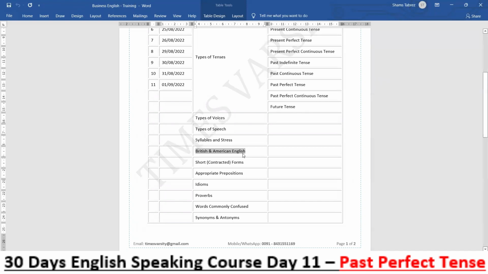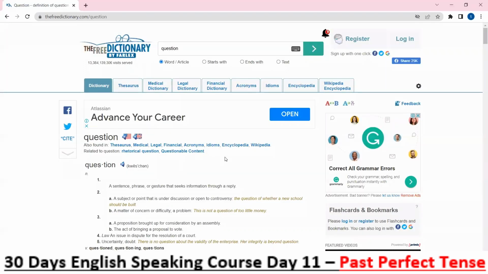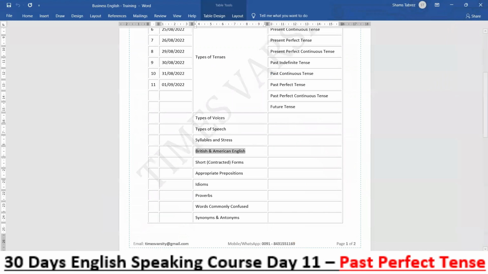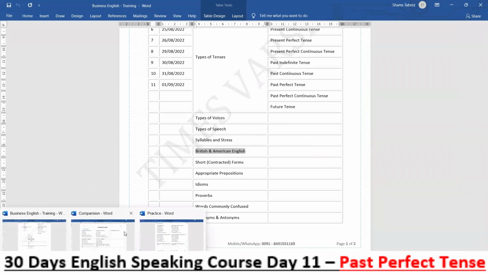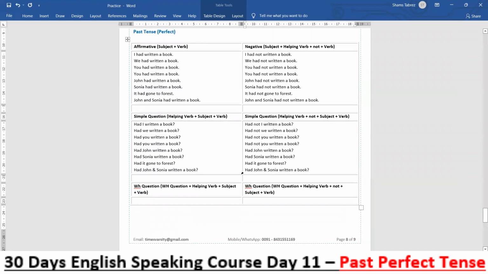However, whenever we come across some terms, we will make sure we pronounce them correctly. So here, in order to make a negative question, you can add not here.